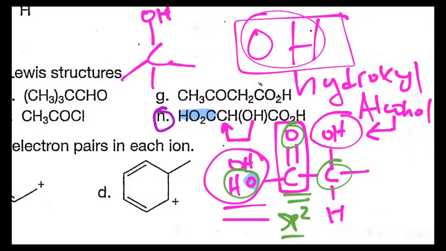So if it's sp2, what's the geometry? Isn't it trigonal? Yeah, it's trigonal. That's why I drew it like that. Because even if I drew it underneath, like this, the carbon is still going to have 4 bonds to it.